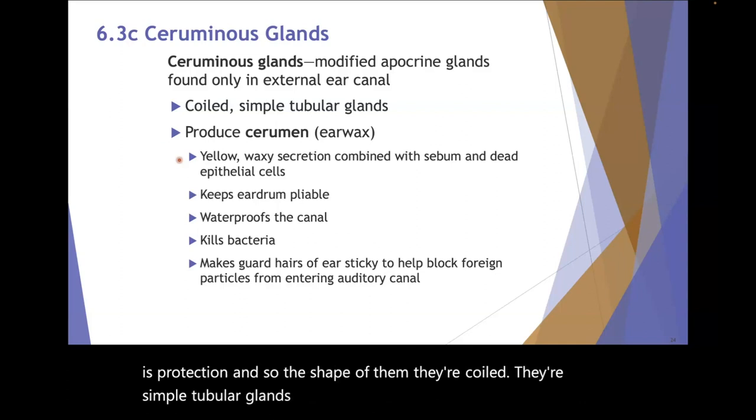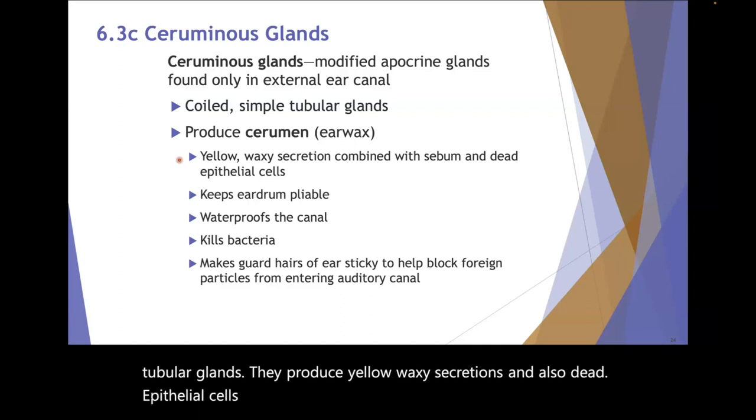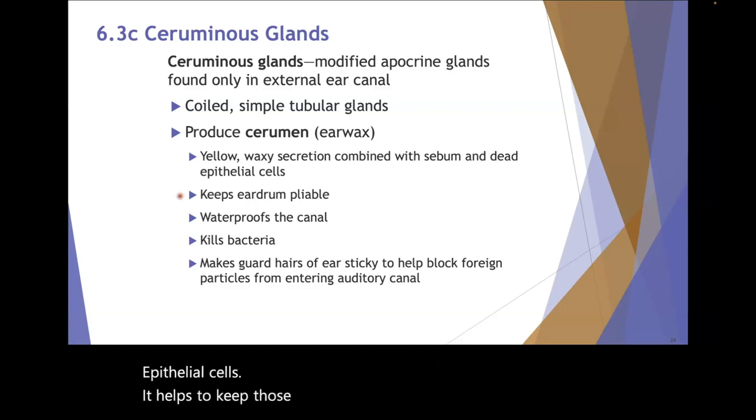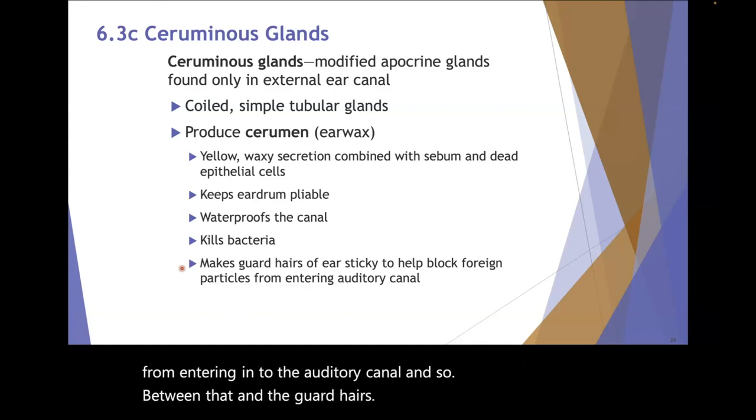They produce yellow, waxy secretions and also dead epithelial cells. It helps to keep those eardrums pliable. It helps to waterproof the canal. It will kill bacteria and also keep bacteria and other foreign agents from entering the auditory canal. So between that and the guard hairs, that's what keeps foreign agents out.